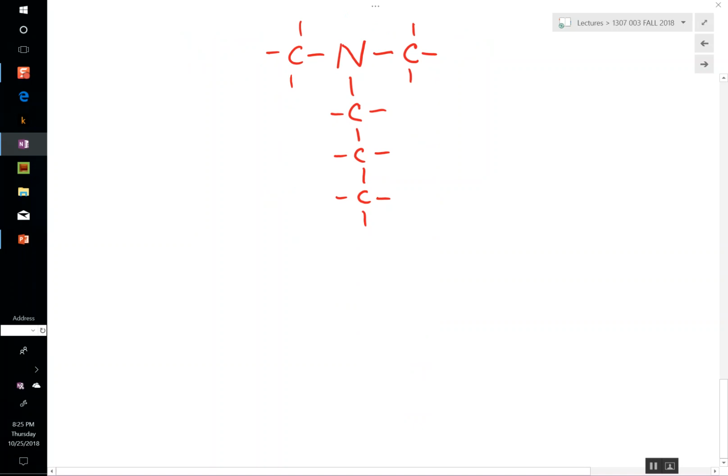Okay, on the right and on the left you have methyls. There's two of them. Propyl is underneath. Amine.